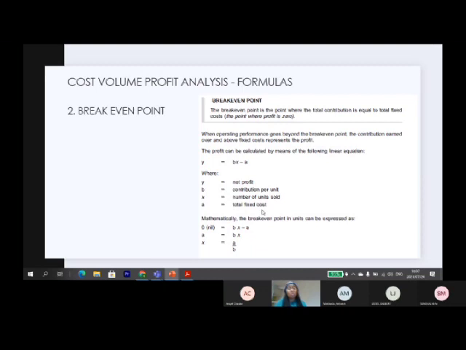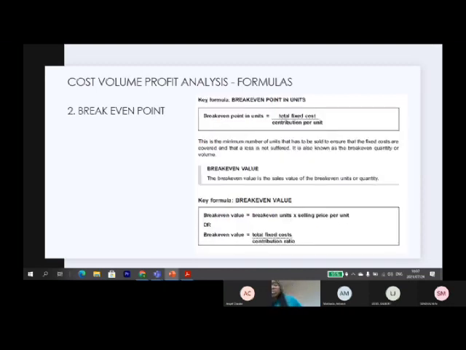That gives you your profit. The key formula for break-even point is your total fixed cost over your contribution per unit: the minimum number of units that has to be sold to ensure that you cover your fixed cost.